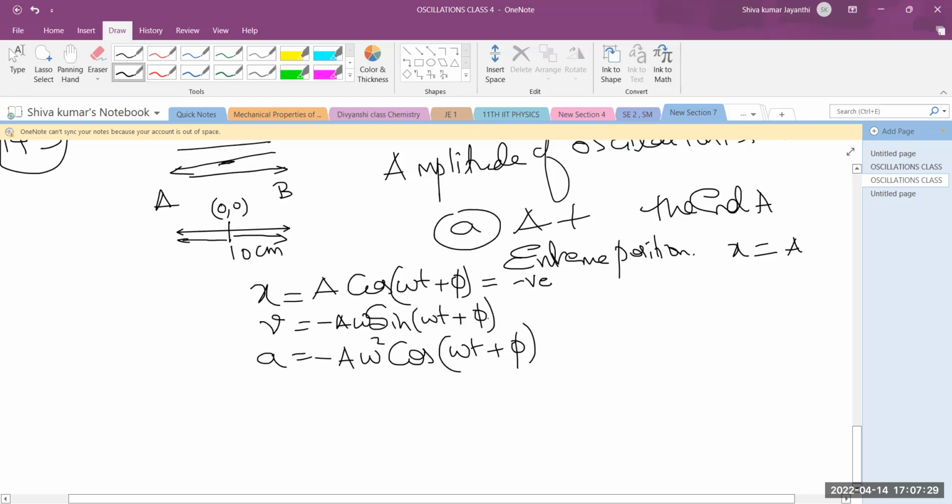X starts only from that position, starting from the extreme position.